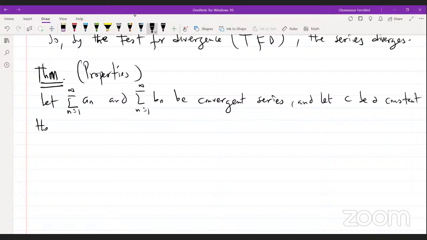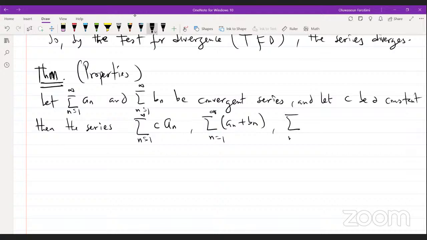Now think about how we had limit laws in 11.1. Here too, we have some properties. Then the series from 1 to infinity of C times a_n, the series of a_n plus b_n, and the series from 1 to infinity of a_n minus b_n are all convergent.